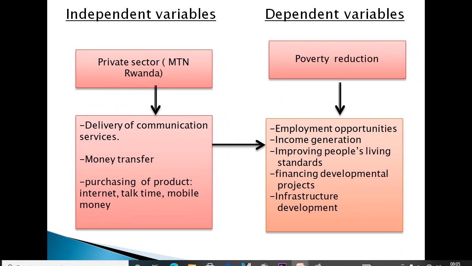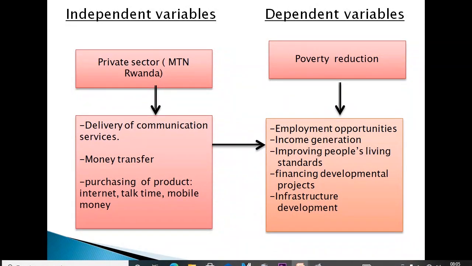In the independent variable, we have the main independent variable, which is private sector, or MTN Rwanda as one of the private companies, and the sub-independent variables can be delivery of communication services, money transfer, and the purchasing of products like internet, talk time, and mobile money.